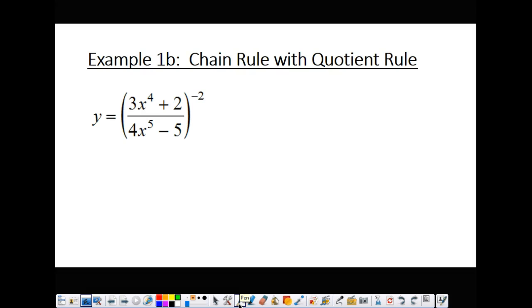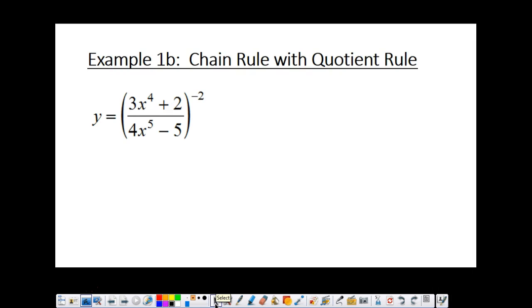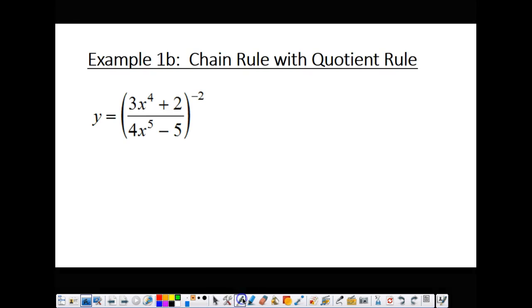But let's compare and contrast these. What's different? Well, what do you guys see as the inside function here? It's that whole quotient, isn't it? So I guess this is a good way to say it. Since the quotient is the inside function, then you're going to start with the outside first, right? And that's a chain rule. Does that make sense?